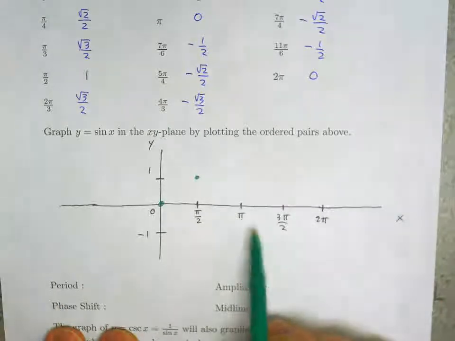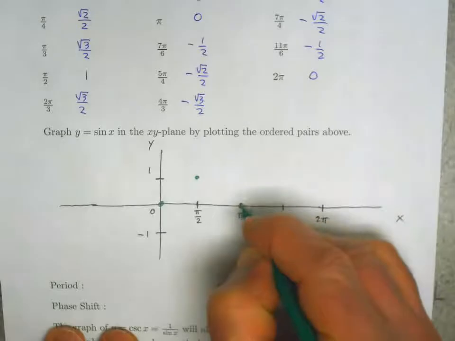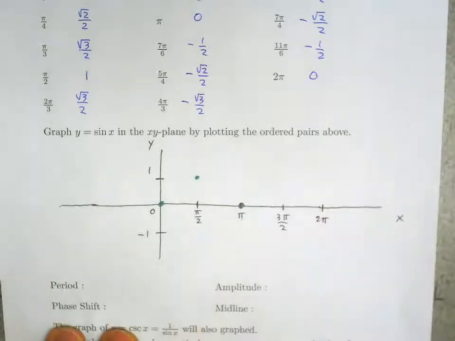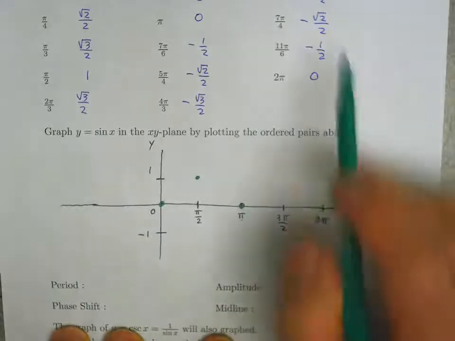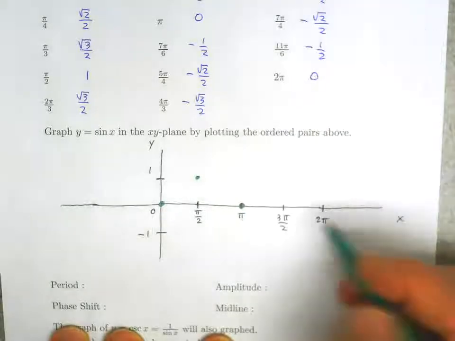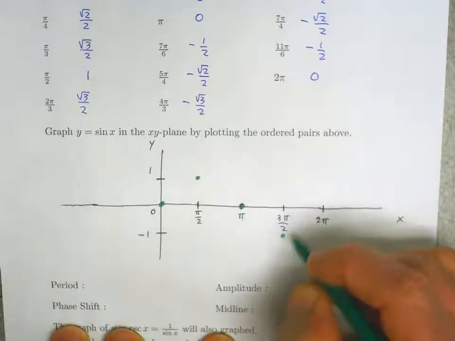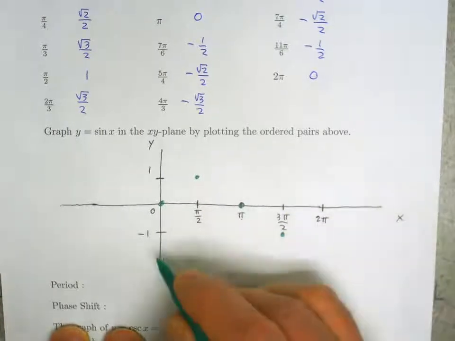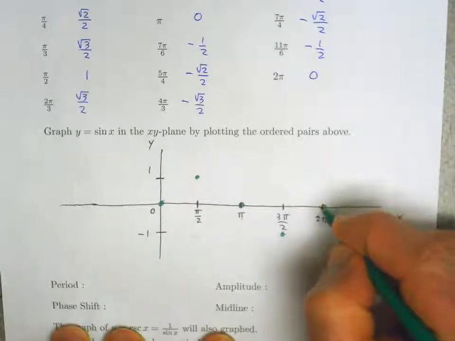And then at pi, sine of pi is 0. So we have this point on the graph. And then 3 pi over 2, sine of 3 pi over 2 is -1. So we have this point on the graph. The range value is -1. And then sine of 2 pi is 0. So we have this point.